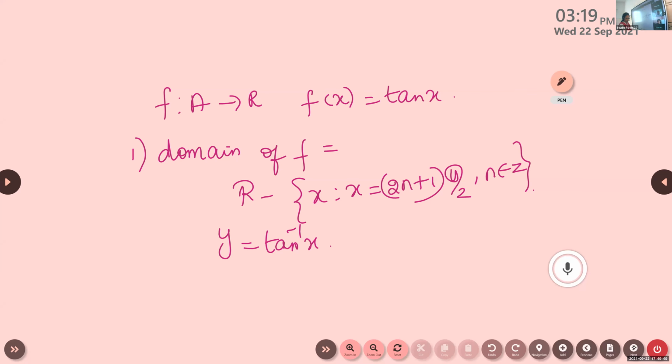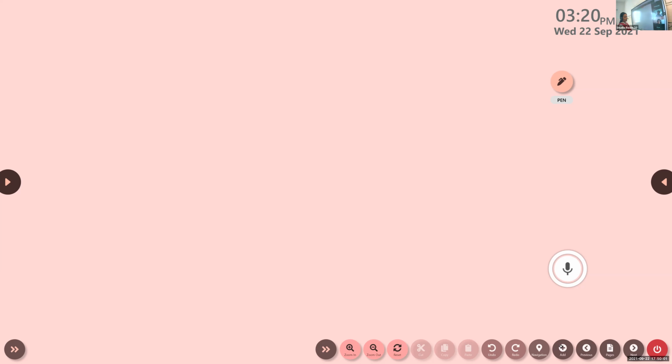Write the question. Okay, the question is like this. A teacher writes the following functions on the board. The function f from R to R is given by f of x is equal to mod x.